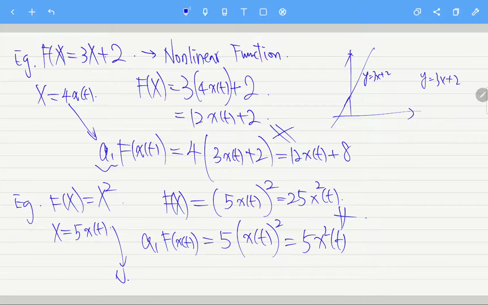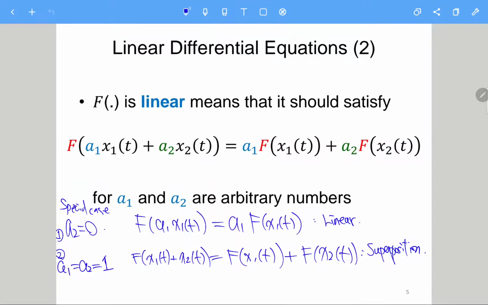So this is nonlinear. So this is some interpretation of the linear property, and you can use this to check whether a function is linear or not, and probably most functions are not linear.